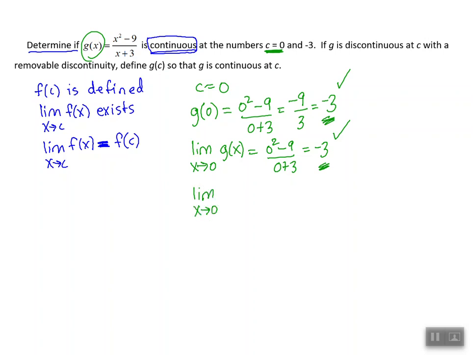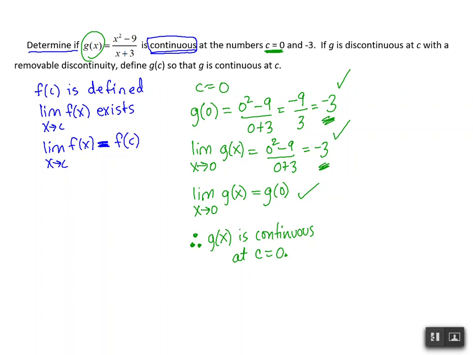The limit as x approaches 0 of g of x equals g of 0. Therefore, all three parts are satisfied, and I can say, therefore, g of x is continuous at c equals 0. All three parts of the definition are satisfied.